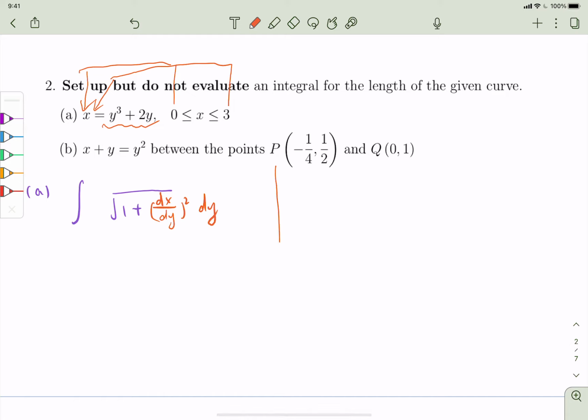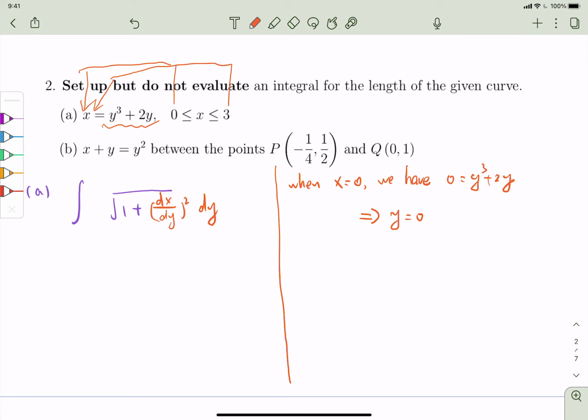So when x is equal to 0, we have 0 equal to y cubed plus 2y, and if you solve this, you have y equal to 0. And that is our lower bound, 0 here.